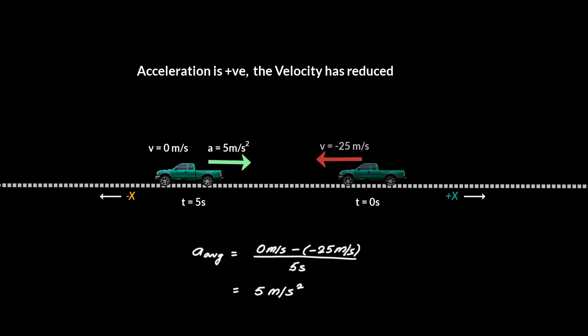Another mistake students make is that they think that if the velocity is reducing from minus 25 meters per second to 0 meters per second, the velocity is actually increasing because 0 is greater than minus 25. But you need to remember that the minus sign indicates the direction only or the vector nature of the velocity, and the number 25 indicates the magnitude.